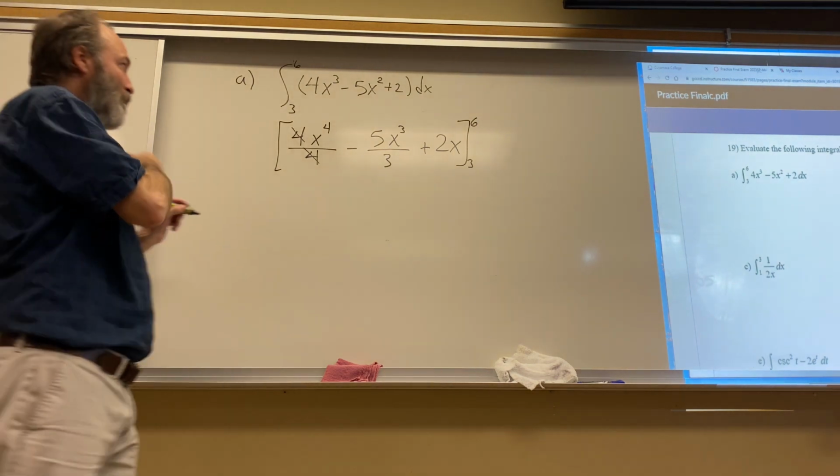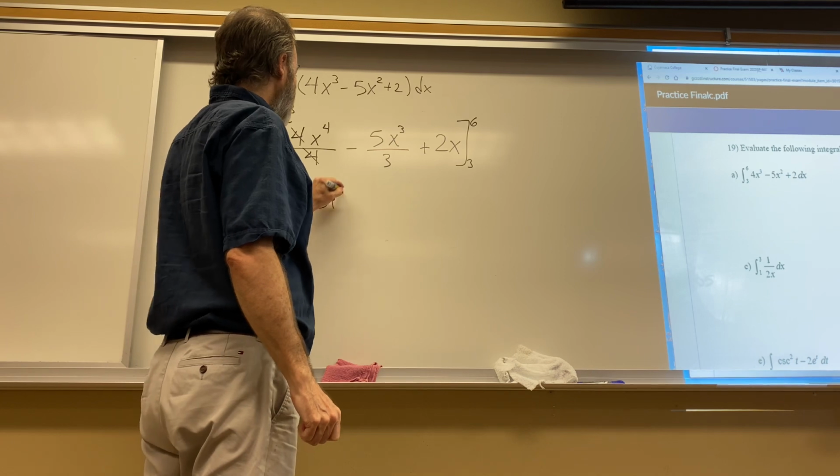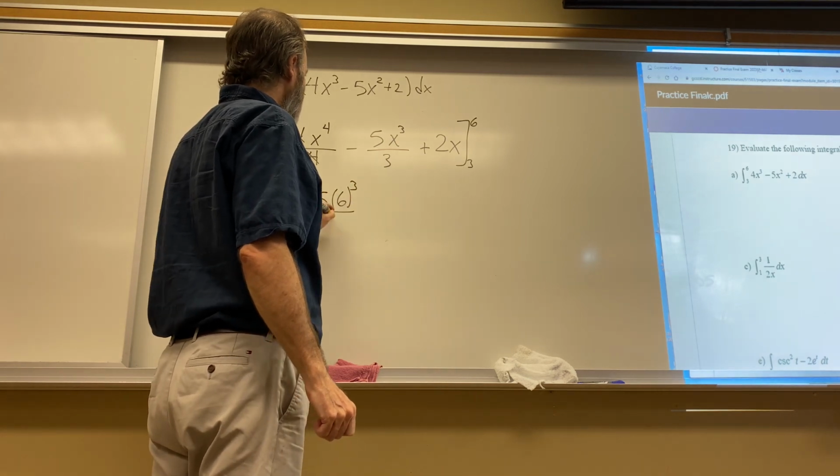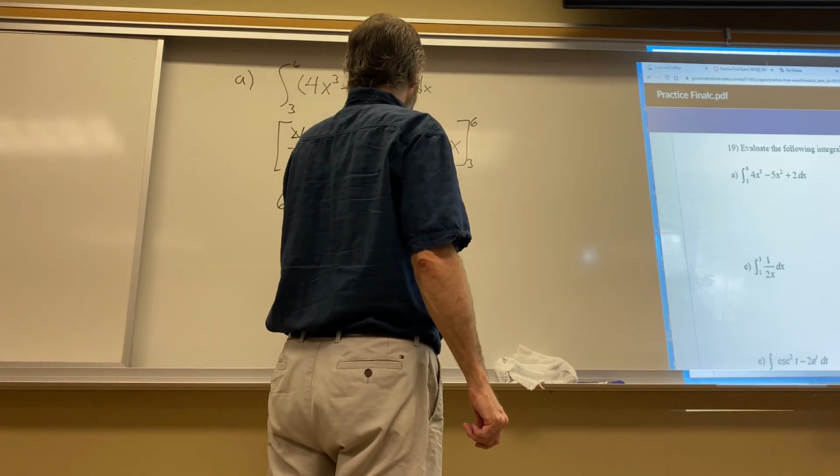Okay, so we're gonna get 6 to the 4th minus 5 times 6 cubed over 3 plus 2 times 6.